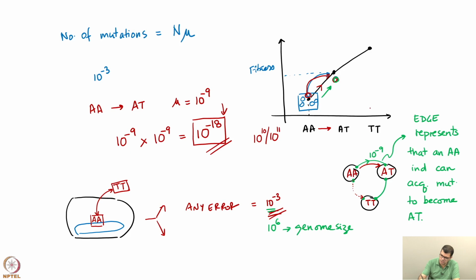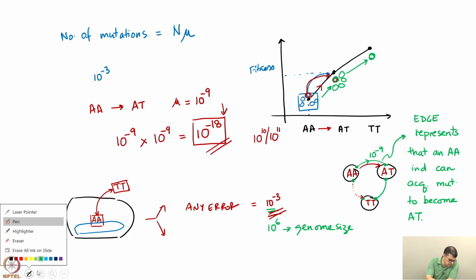If this population has to move to TT, it has to first acquire this mutation AA to AT, and then when the population has shifted, the population size will grow here because this individual will divide, and only then will one of the individuals acquire a mutation, and then we will have a new individual of genotype TT. So, AA to TT transition can only happen in 2 steps and not 1.